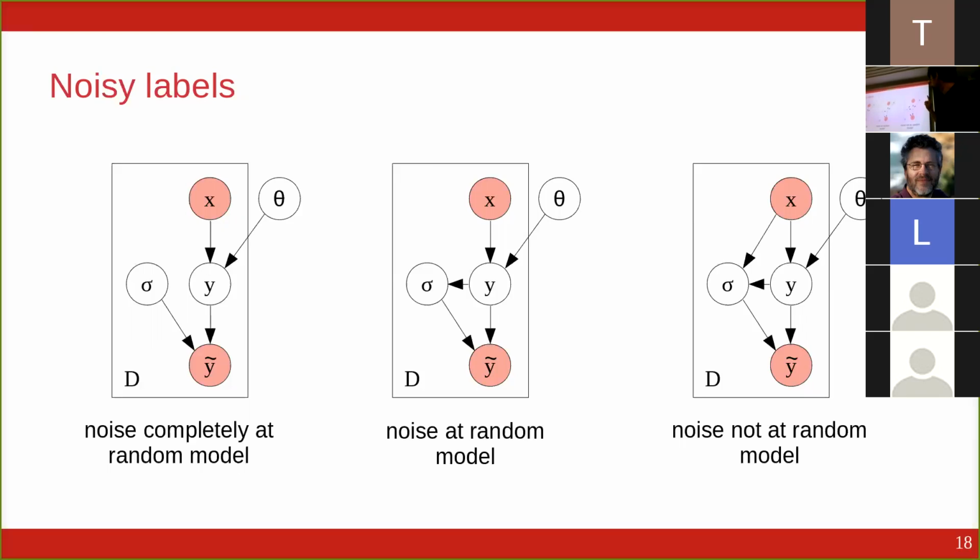And you can define noise using different models. Like, for example, if you're just receiving the labels from a noisy channel with uniform independent noise, you will just get random corruption.